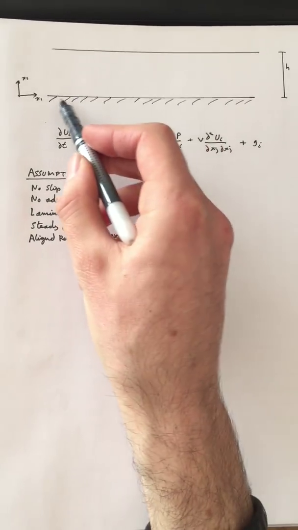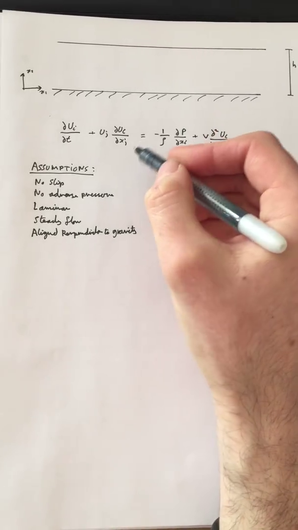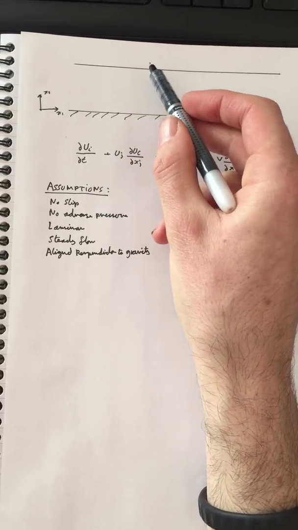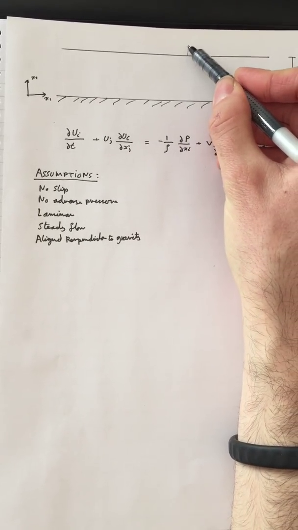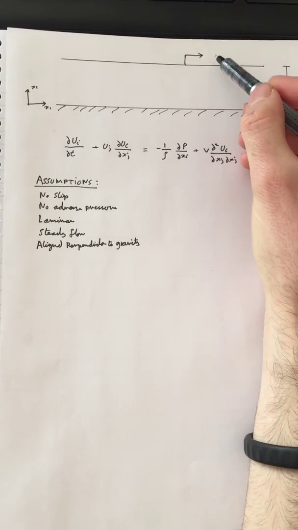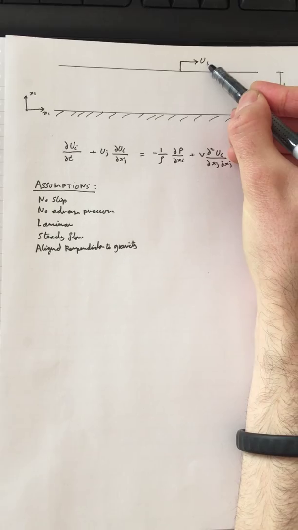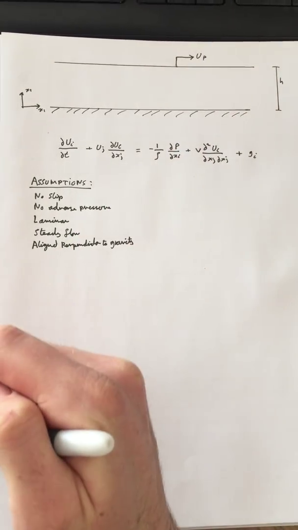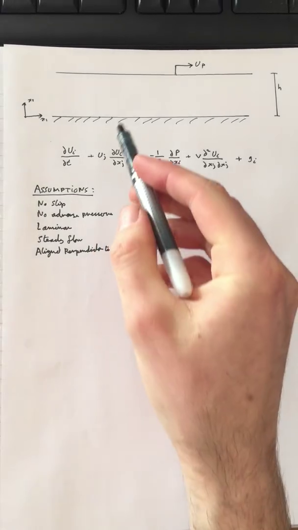So here we have the lower plate, which is stationary, and here we've got an upper plate which is moving at some velocity, and we'll call that velocity U plate.